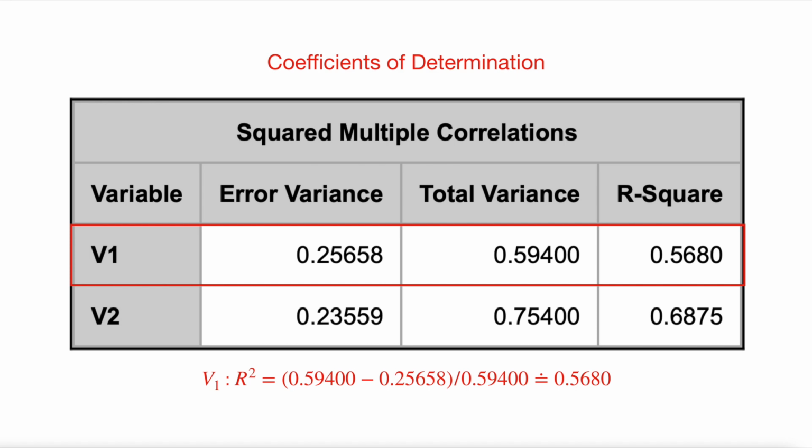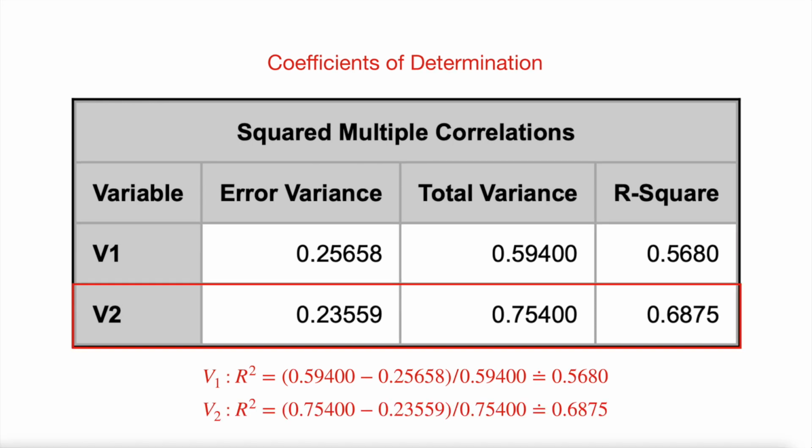And so when we do that, we get 0.5680. And so what this means is that 56.8% of the variability in the response variable v1 is accounted for by the model. Similarly, 68.75% of the variability in the response variable v2 is accounted for by the model.